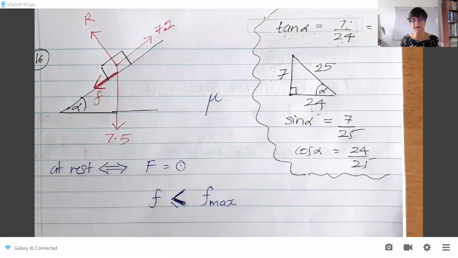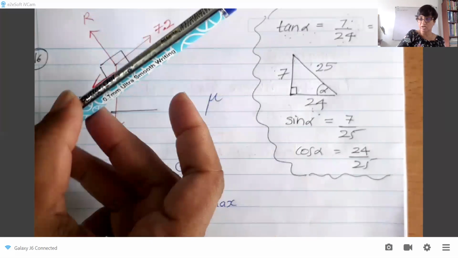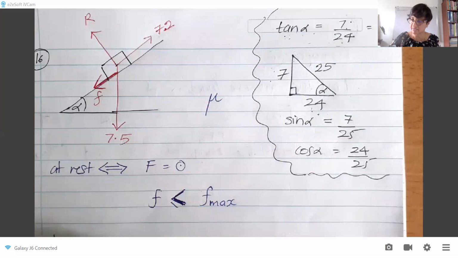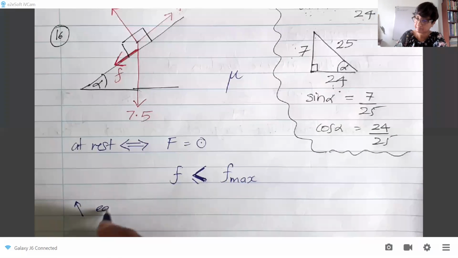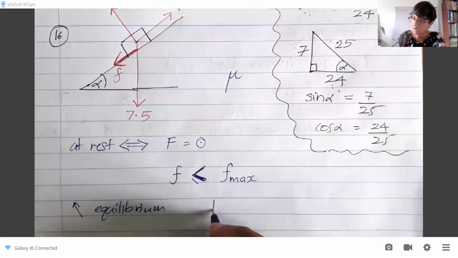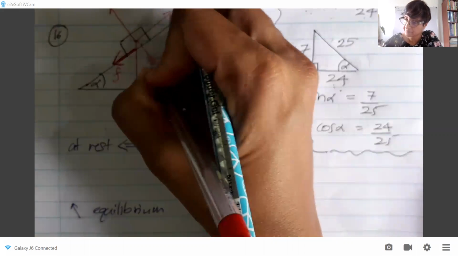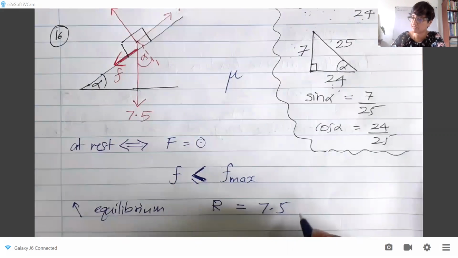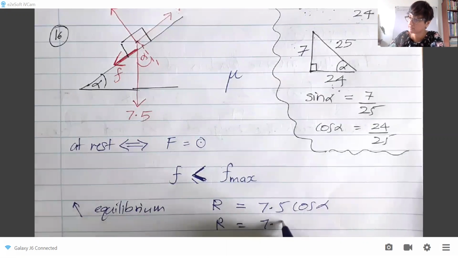Then you can start applying your laws and formulas. This is in equilibrium. You can apply vertical equilibrium and horizontal equilibrium. If you apply vertical equilibrium first, R is equal to 7.5 cos alpha.